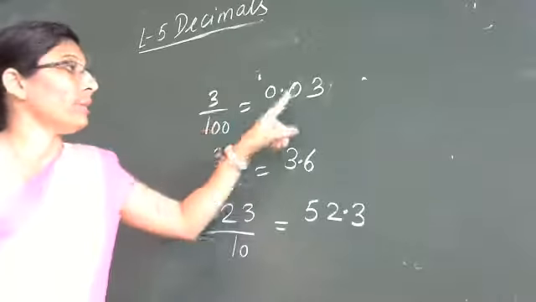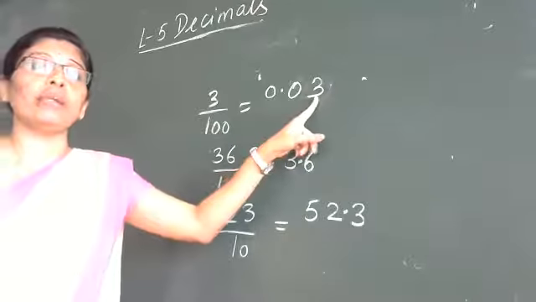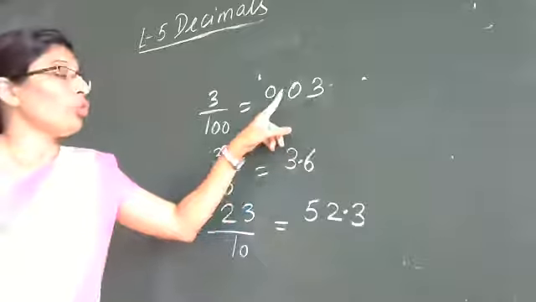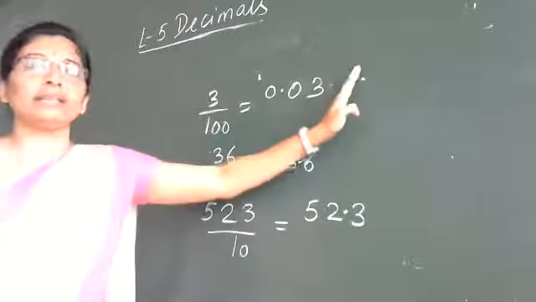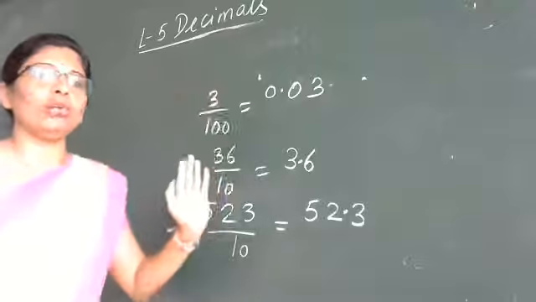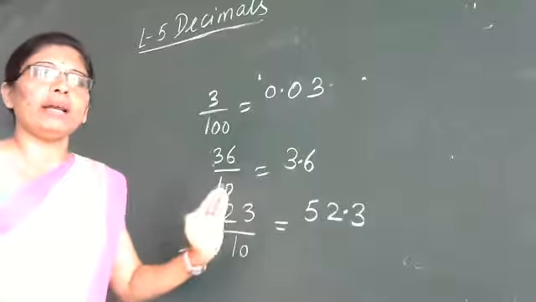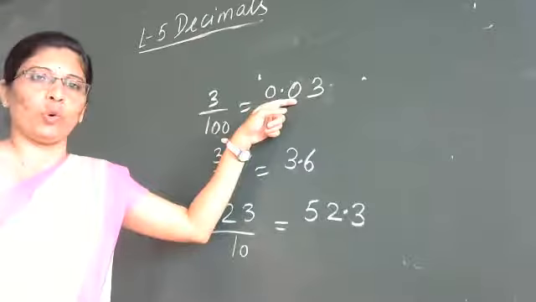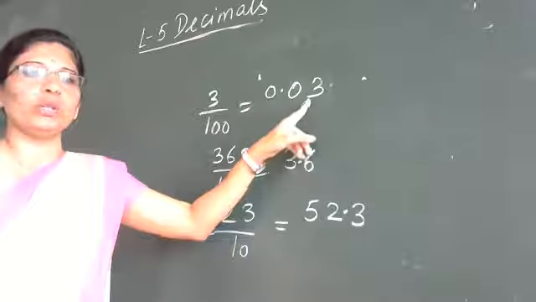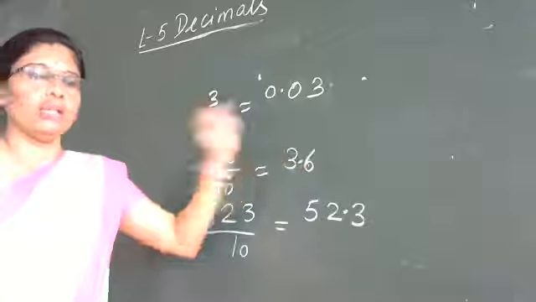So this 3 should be in the 100th place, so we have to put a 0 in front to make it 2 digits. If we put the 0 at the back, the place will be the 10th place only. But we want the 100th place, so we put the 0 in front. So after the decimal 2 digits, 0.03.